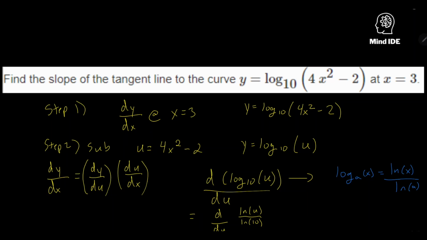All right, so that's how we're rewriting that. And basically, if we just do the derivative by parts, we can go 1 over natural log 10, because there is no u in this part of the equation, times d over du of ln u.